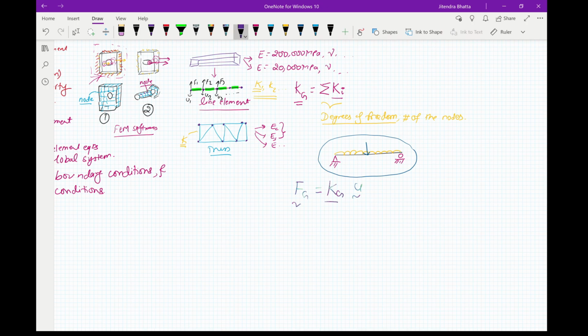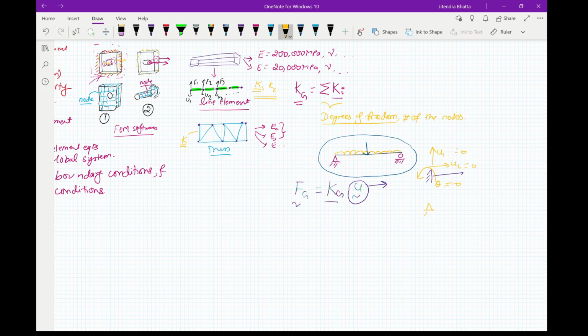Now the boundary conditions may refer to the displacements, because when you see your boundary condition as fixed, you can see that your displacement in this direction, or the rotation are 0.